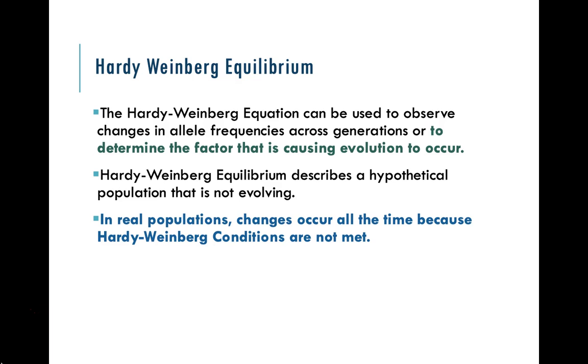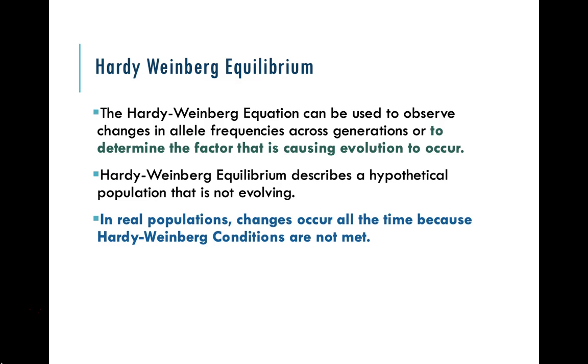And if you calculate the allele frequencies before a suspected evolutionary pressure and after a suspected evolutionary pressure, you can actually see if they have changed. So the Hardy-Weinberg equilibrium and equation are important because they allow you to observe whether or not allele frequencies are changing and what factor might be causing evolution.